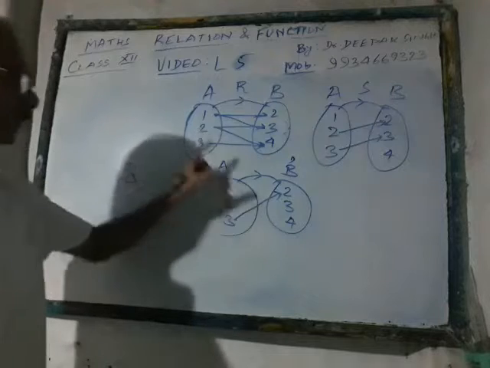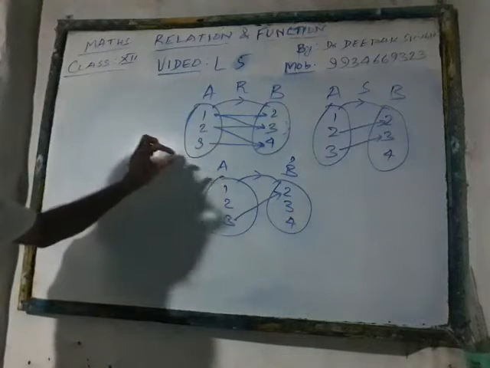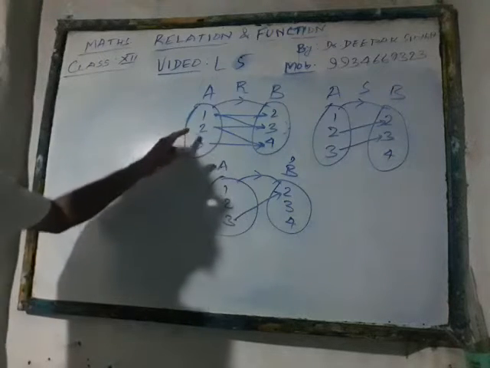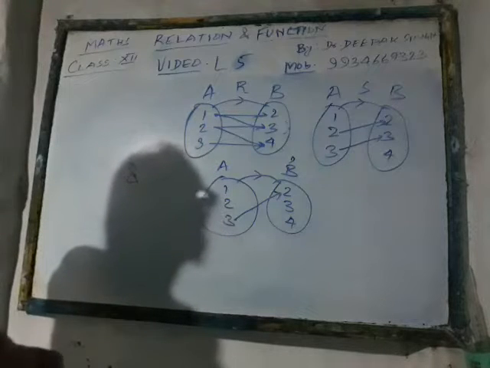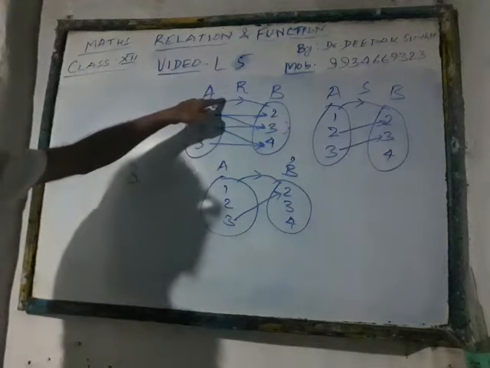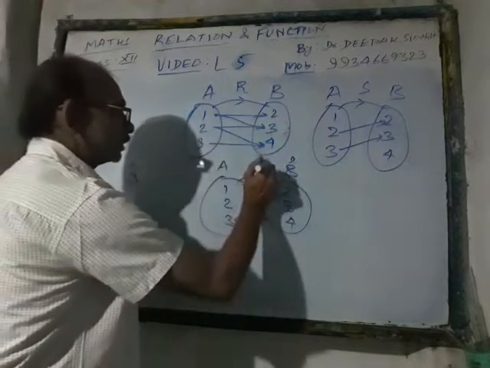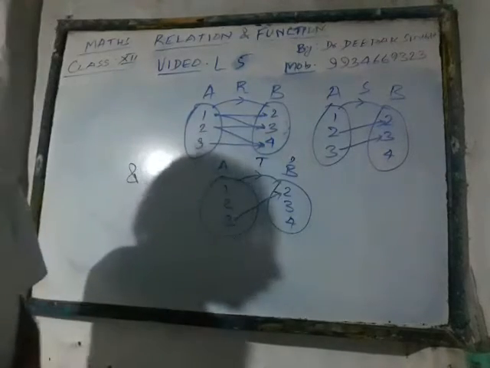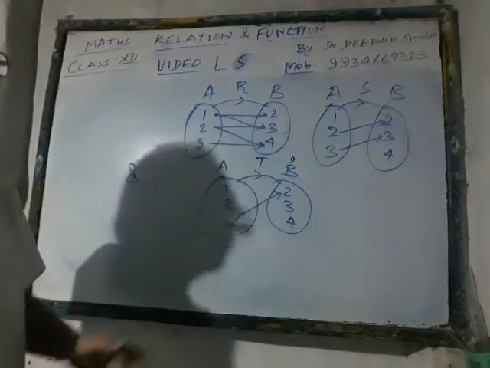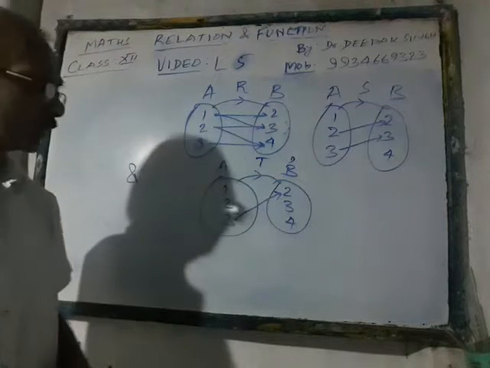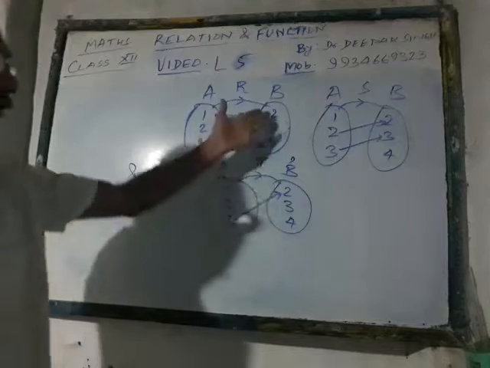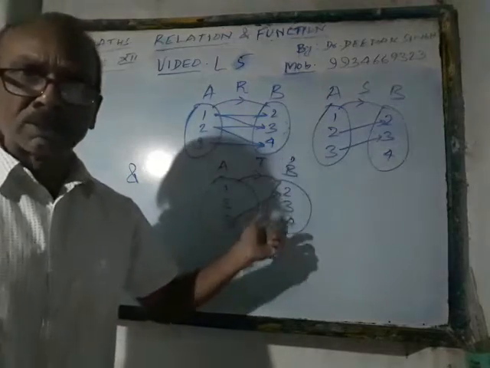Just observe these three relations, whatever we have dealt over here from A to B. R is a relation from A to B, S is also a relation from A to B, T is also a relation from A to B. Now you have to say about their domains as well as their ranges. Codomain is quite obvious, B would be the codomain for all these three relations.